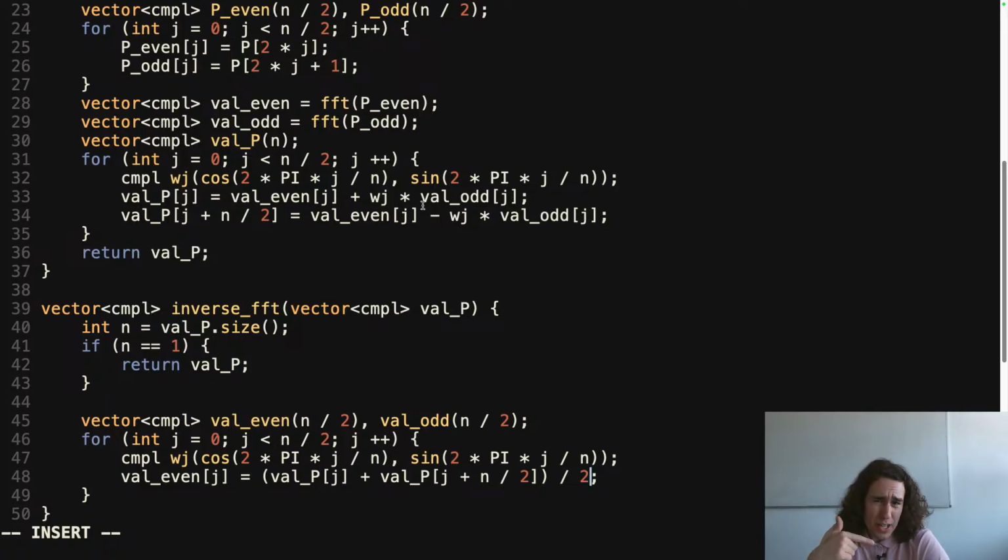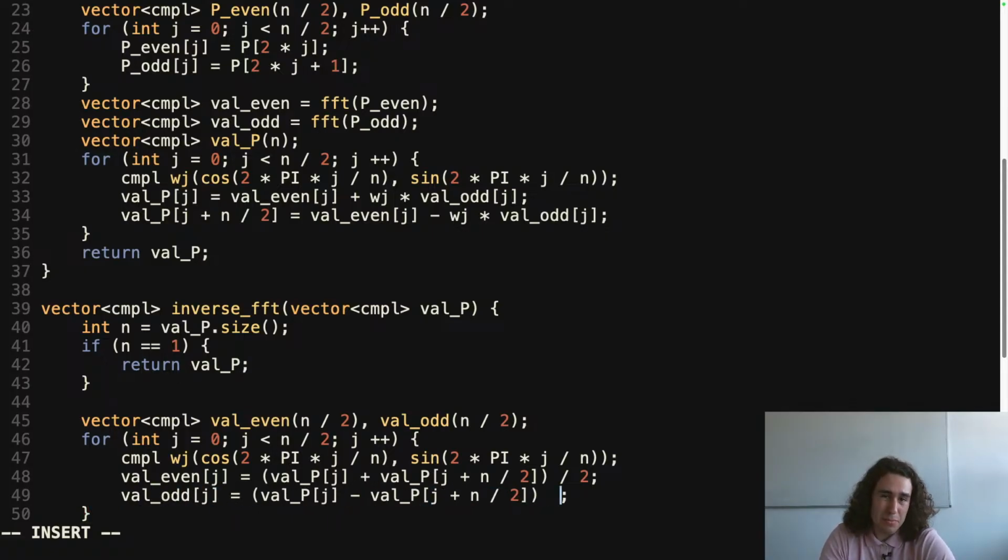And now if I subtract, val pj minus val pj plus n half, then these are going to cancel out, and I'm going to have 2 times wj times val odd. So to get val odd, I just add them up, divide by 2, and then divide by wj.